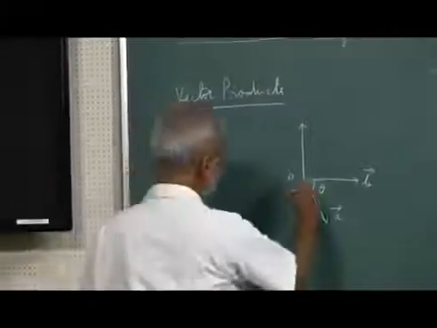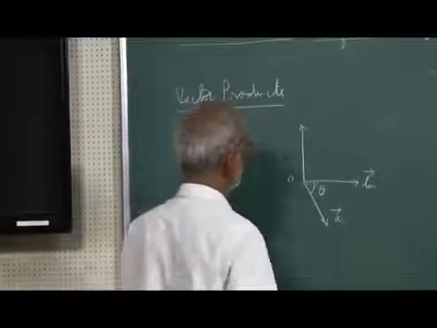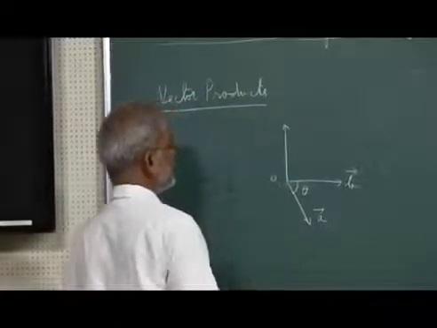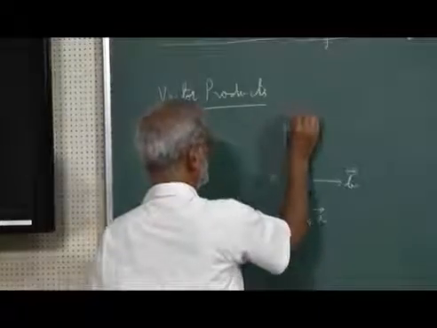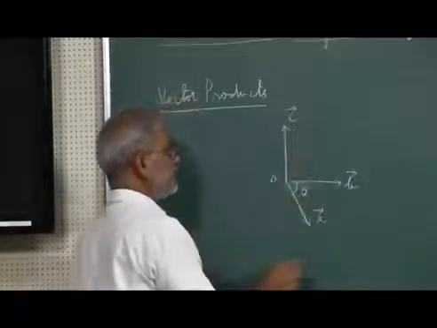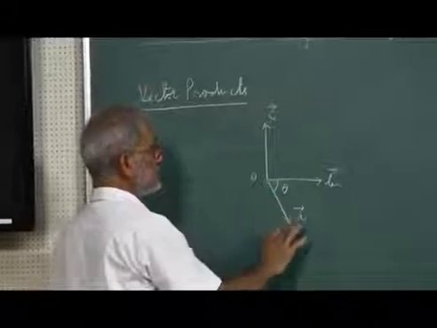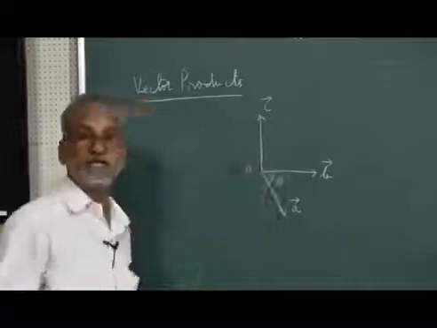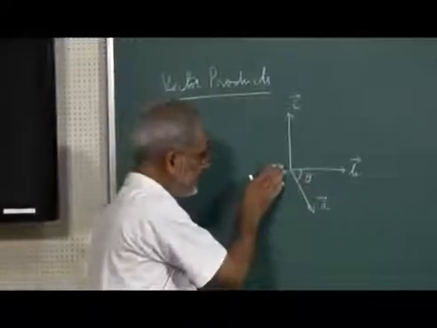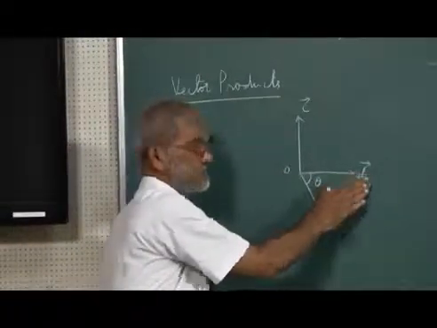So the angle between vector A and vector B is theta. Then the cross product between these two vectors is denoted by another vector C, which is perpendicular to both vector A as well as vector B. Therefore this vector is perpendicular to the plane formed by vector little a and vector little b.